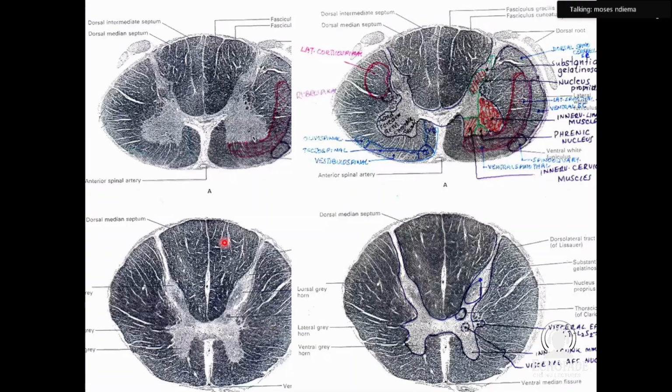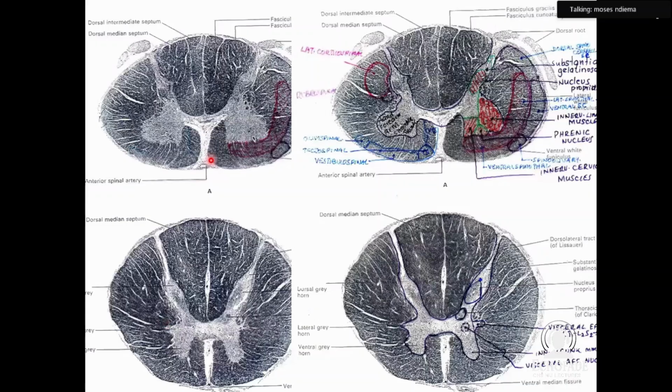That means we are at a higher level of the spinal cord. Here we have a very distinct lateral horn. That means we are within T1 up to L2, where you have the sympathetic, the autonomic nervous system. That's why we have this lateral horn.